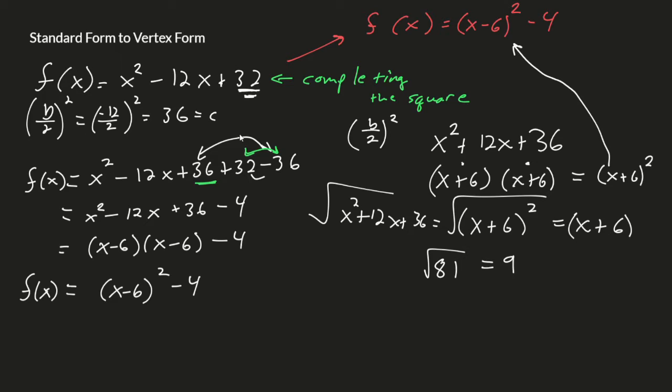So we add 36, subtract 36 on the tail end, and then that gives us this minus 4 part, keeping this whole function in balance and completing the square. We now have a vertex form. So given standard form, I now have a vertex form to very quickly identify that (6, negative 4) is the vertex.